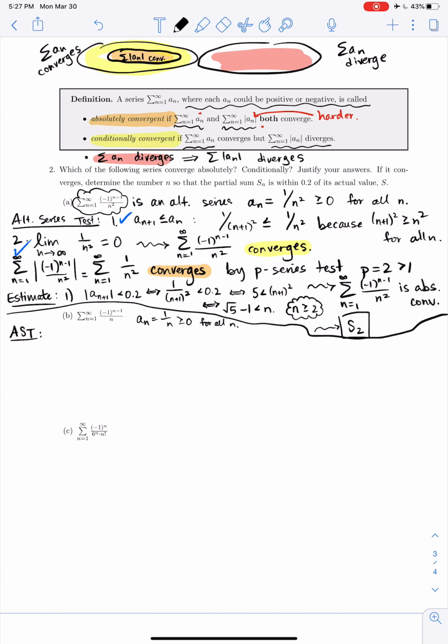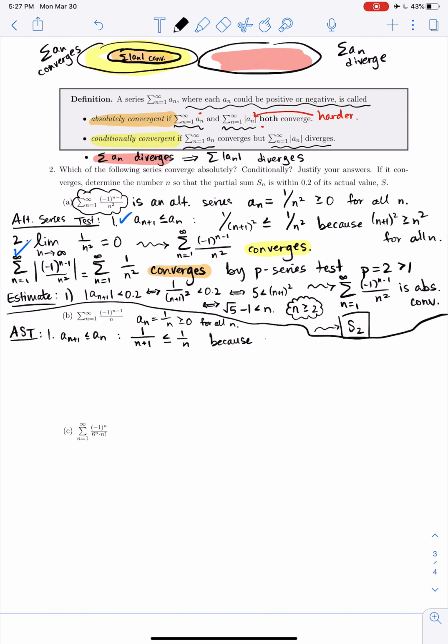The first thing that we verify is that this is a decreasing sequence. a sub n plus 1 is 1 over n plus 1. a sub n is 1 over n. And the inequality here is, in fact, what we want it to be. And we need to explain why.